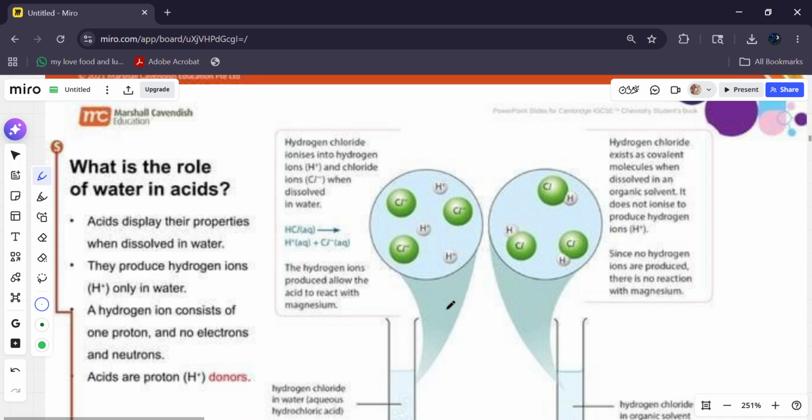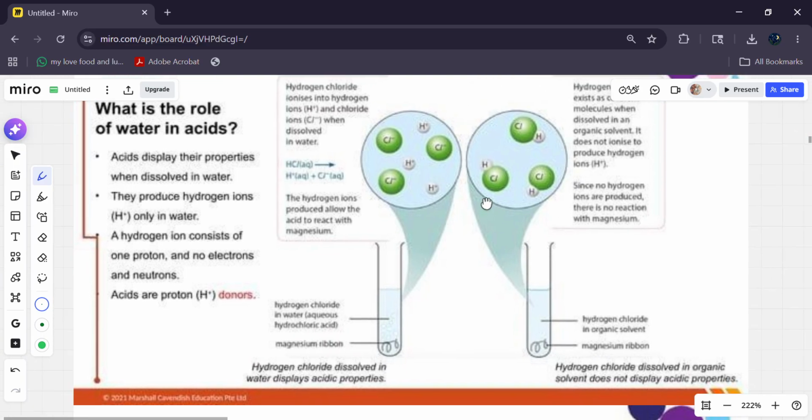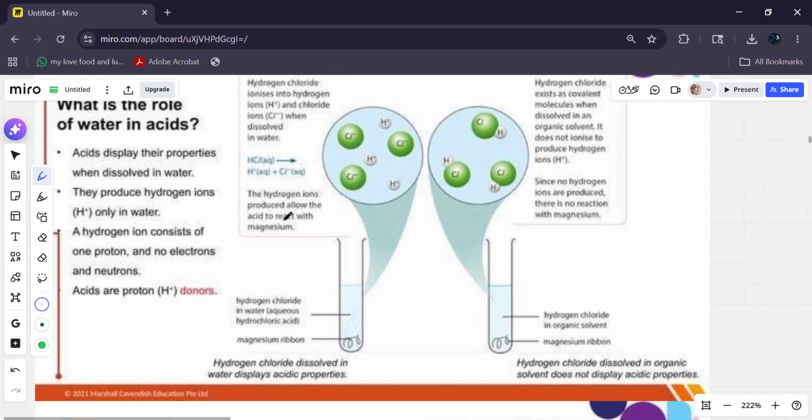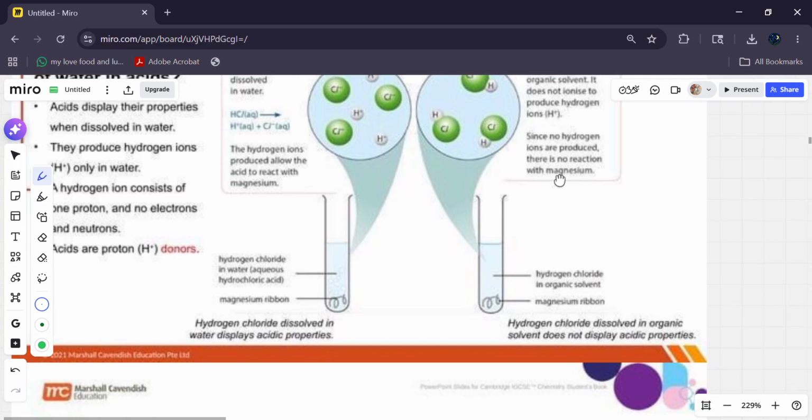It does not ionize to produce hydrogen ions, and since no hydrogen ions are produced, there is no reaction with magnesium. As you can see in the two diagrams, in water, hydrogen ions are produced, allowing the acid to react with magnesium. In organic solvents, hydrogen ions are not produced, so there is no reaction with magnesium.